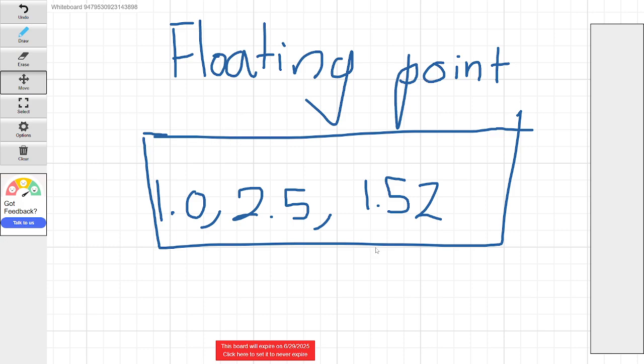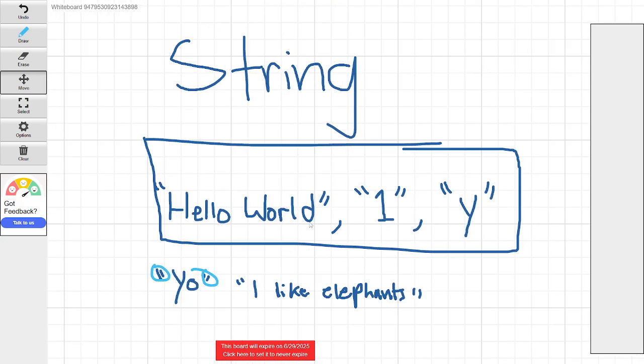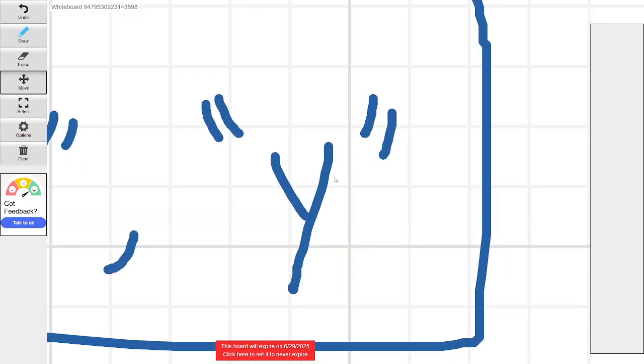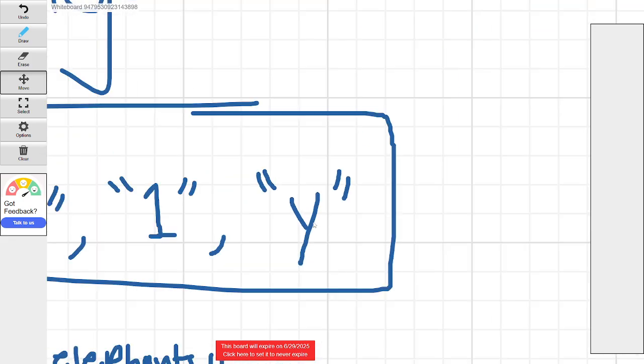However, if you put a number in a string, you can't use it as a normal mathematical number. It functions as the character one, not the mathematical number one. You could also use y, or any single letter. This seems normal now, but it'll seem complicated in a little bit.